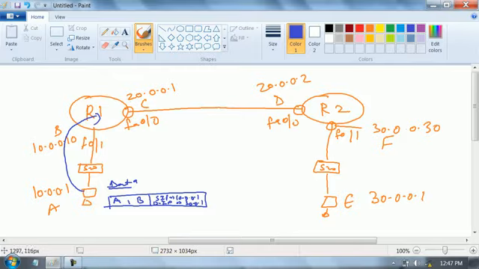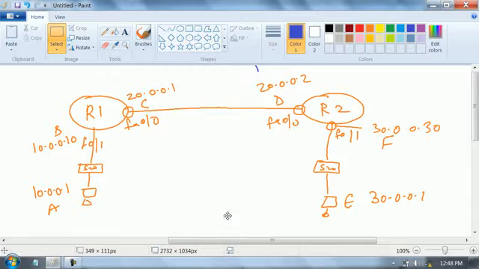When the router will send the data, source IP will be 10.0.0.1, destination will be 30.0.0.1, source MAC will be, and destination will be D. Agree? When data will pass from here, again source MAC will be F and destination MAC will be E. Now guys, my concern is at every hop I have to generate ARP. Agree? Very good. At every hop I have to generate ARP.